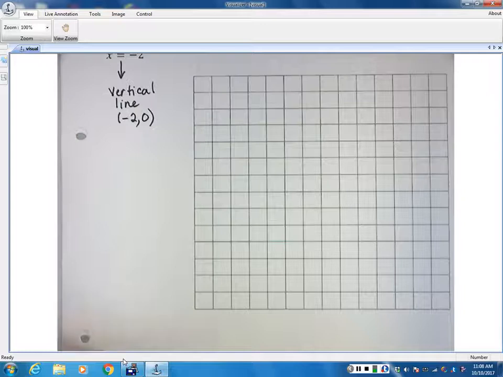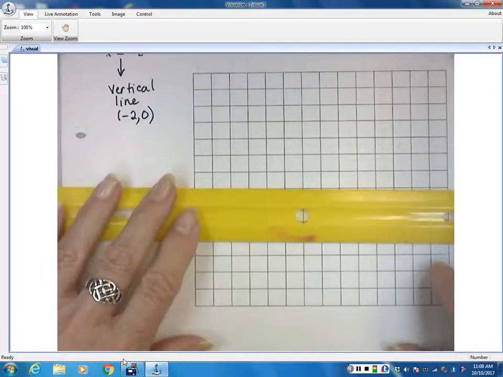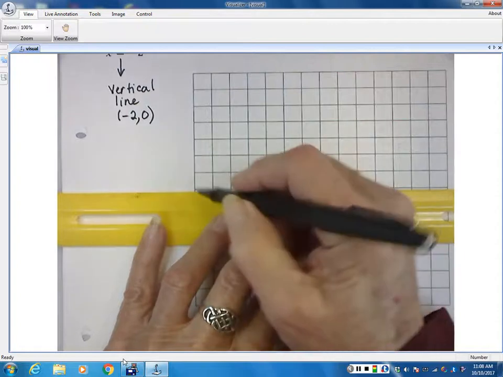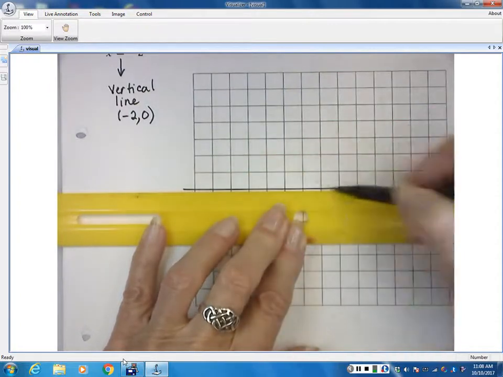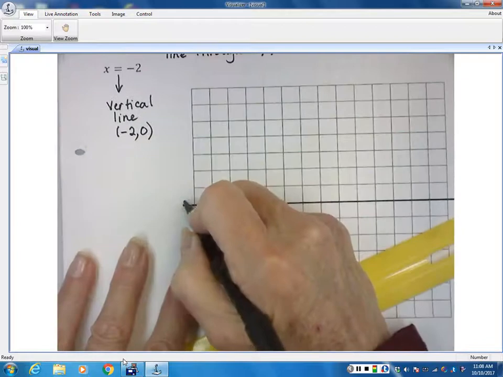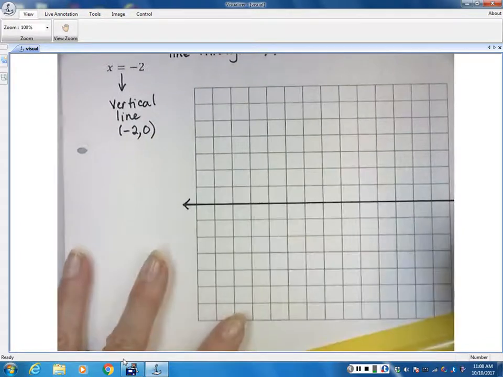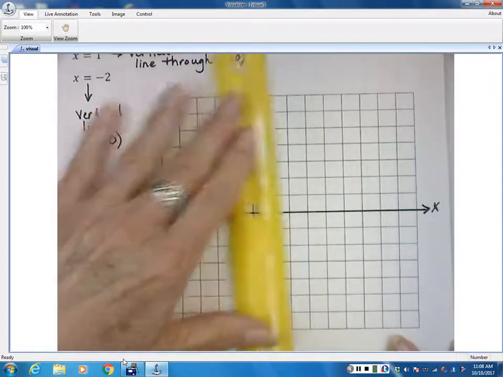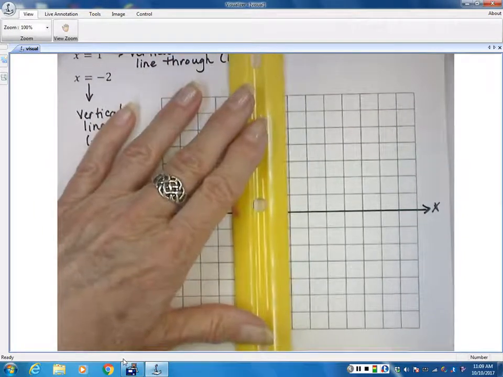Okay, so now we have this nice big graph grid. Now I'm going to draw a horizontal line kind of through the middle of it. And that's my x-axis. I'm going to draw another one that's vertical.